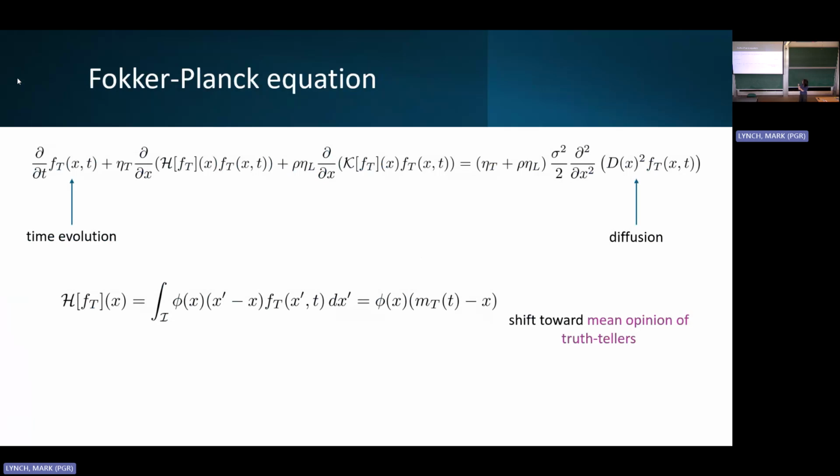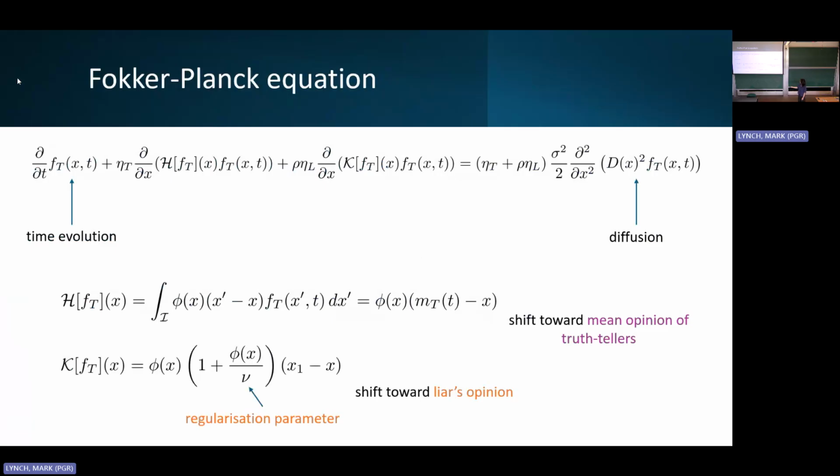The first drift term is a shift towards the mean opinion of the truth tellers, which you can see here. And then the second term is a shift towards the liar's opinion, so x1 minus x, and that's proportional to 1 over your regularization.